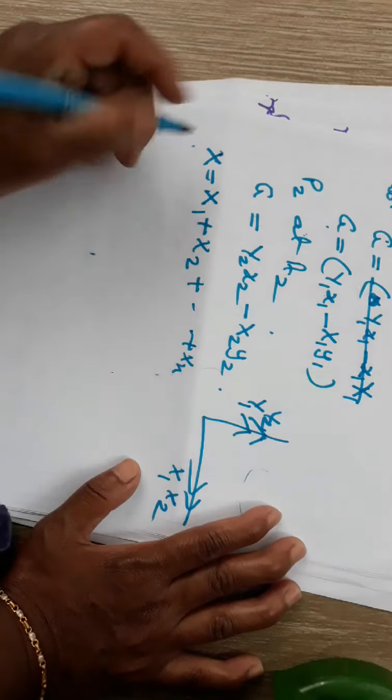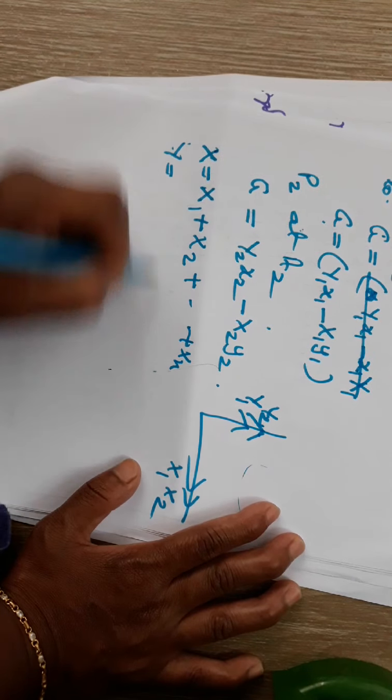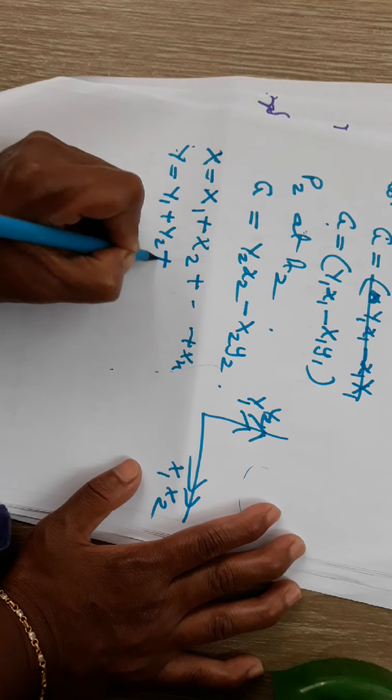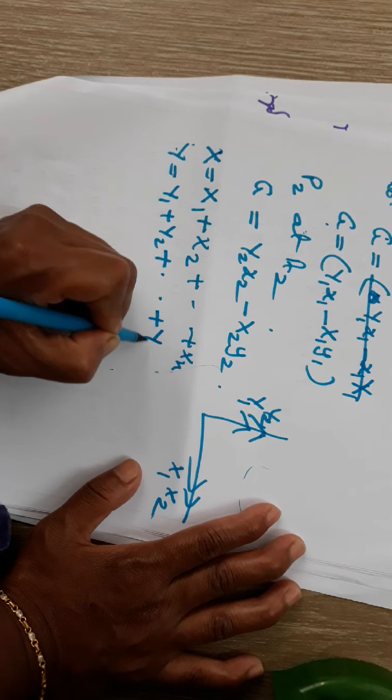Along the y-axis, the resultant force, denoted by y, is y1 plus y2 plus ... plus yn.